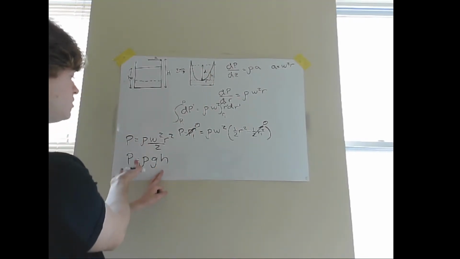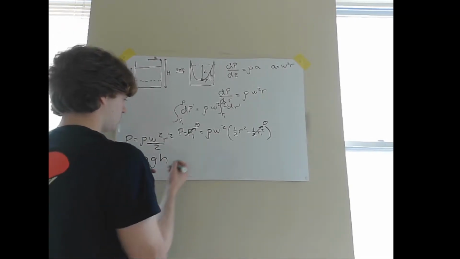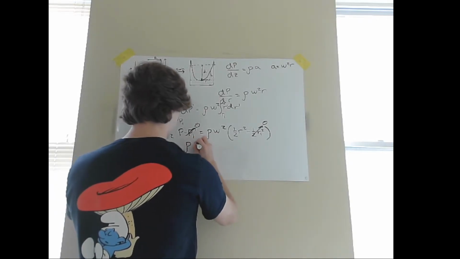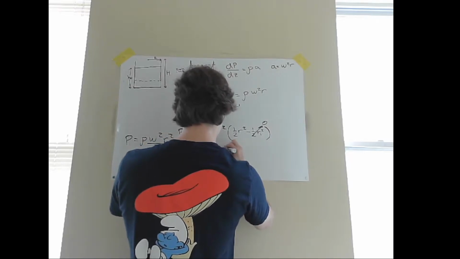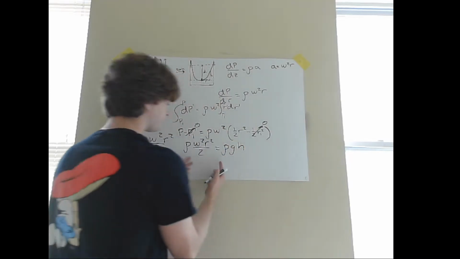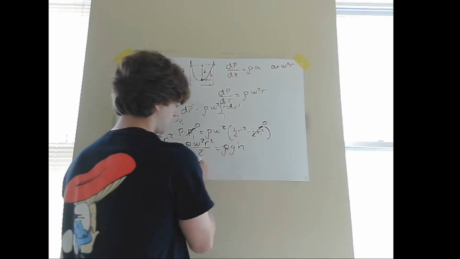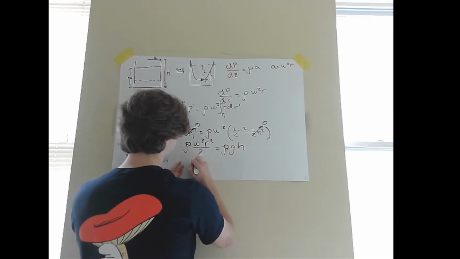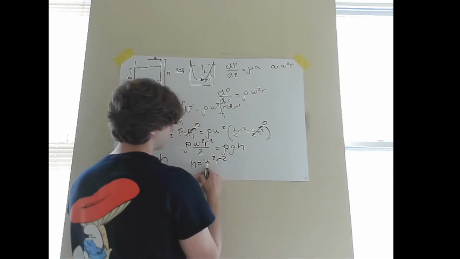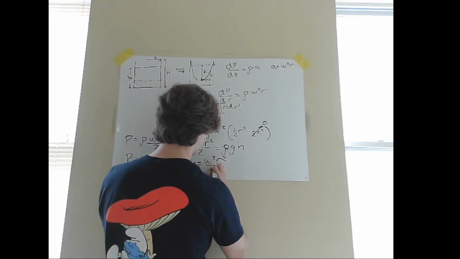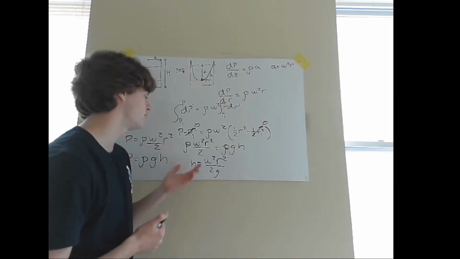So now we can set these two equal to each other and solve for H. The rho terms cancel, and then we just have to divide by g. So our equation for the height is omega squared times R squared over 2g. And so now we have an expression for the height.